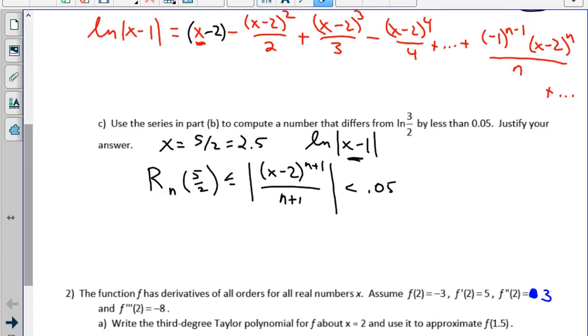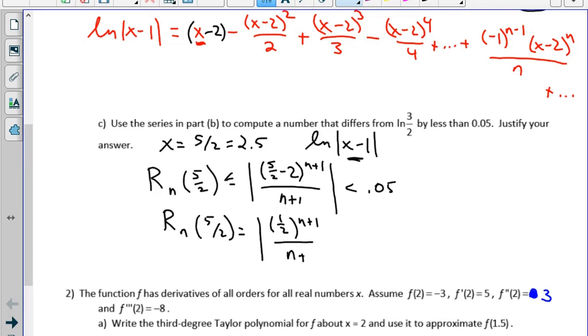So then what I'm going to do is sub in 5/2 here. So if I sub in 5/2, that means r sub n of 5/2 is equal to 1/2 to the n plus 1 over n plus 1. And I want that to be less than 0.05.